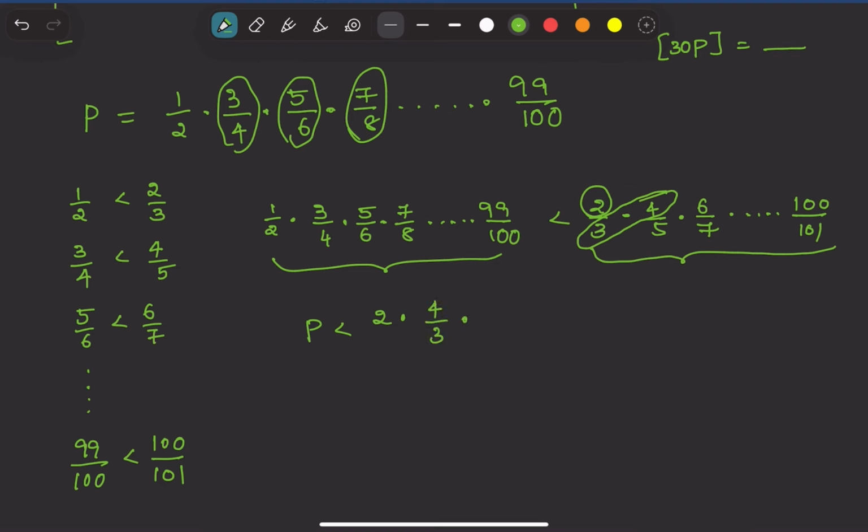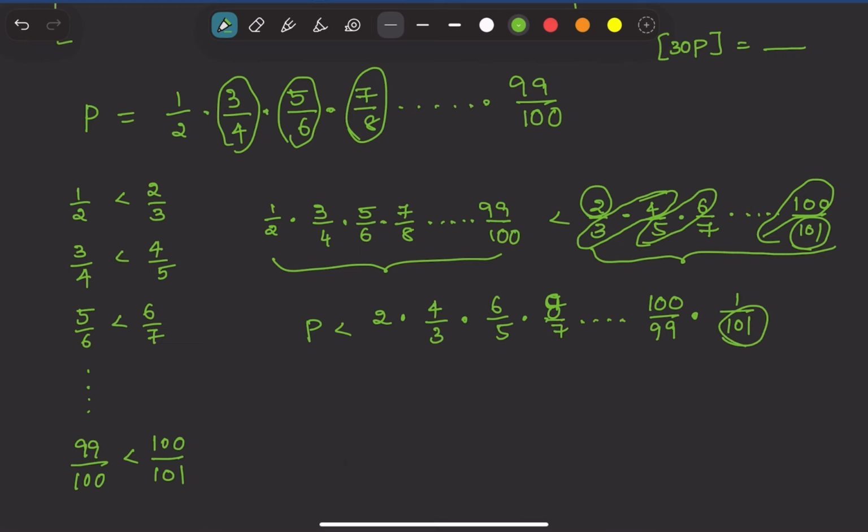Again, we will write the next as a fraction, 6 upon 5, and next will be 8 upon 7 and so on. Here we will write it as one fraction, 100 upon 99, and 1 upon 101. This 101 will be left out. So I rearrange the terms on the right hand side like this.